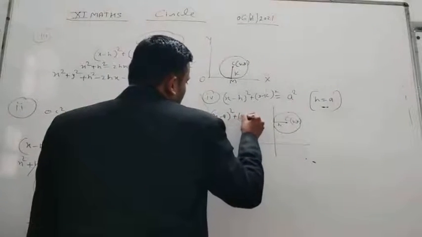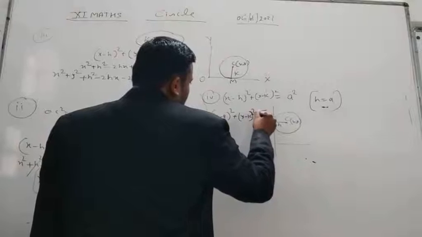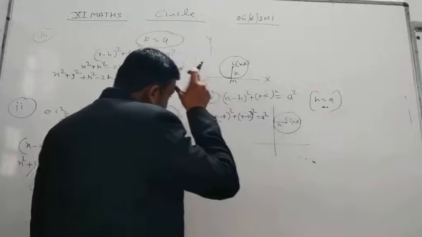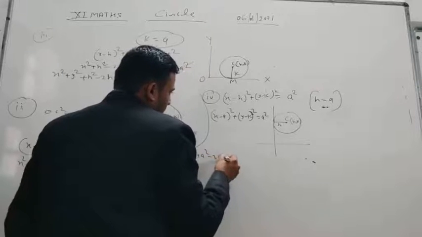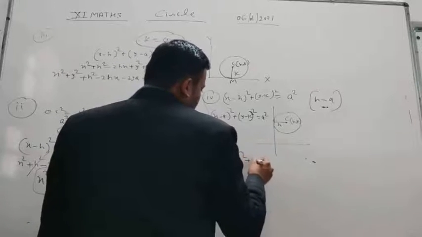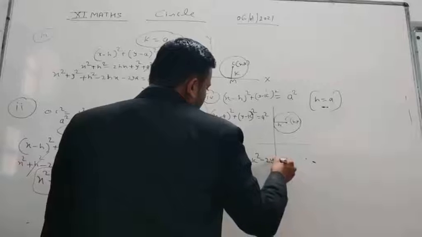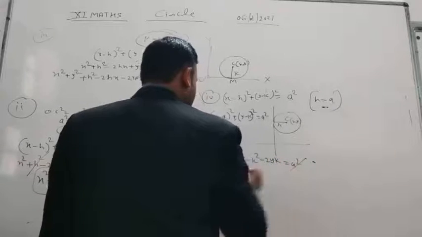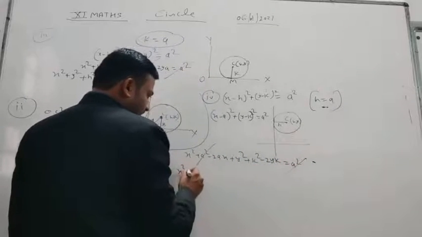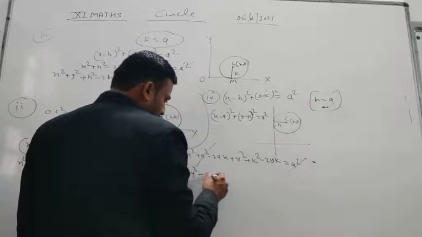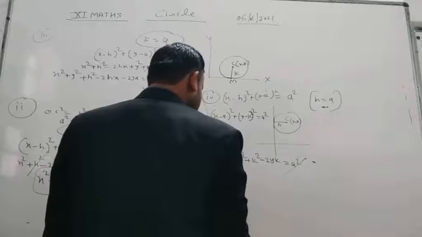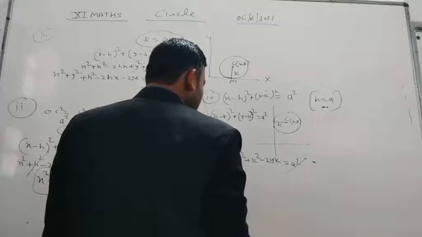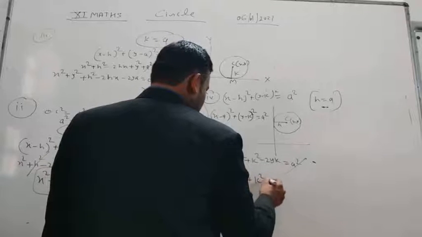plus (y minus k) square is equal to a square, and when we expand this, a square minus 2ax plus y square plus k square minus 2ky, which a square, this is cancelled, x square plus y square minus 2ax minus 2yk, and plus k square.